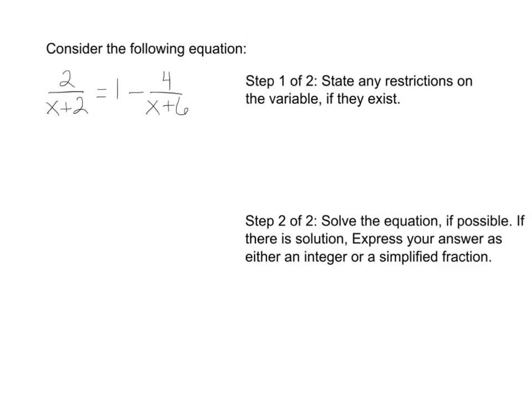Okay, next up, consider the following equation: 2 over x plus 2 equals 1 minus 4 over x plus 6. State any restrictions on the variable if they exist. Again, remember, x plus 2 cannot be 0, so we'll have to do a little bit of math on that.